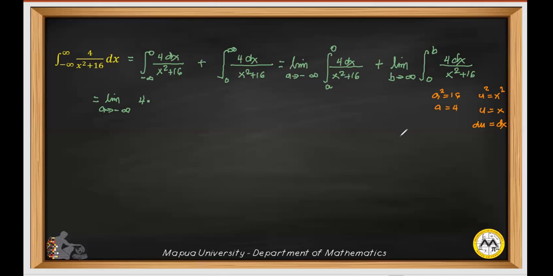It leads to arctan, where the integral is equal to 1 over a times arctan of u over a.